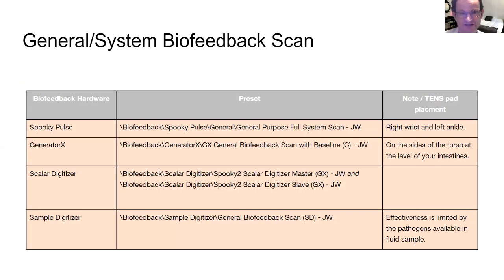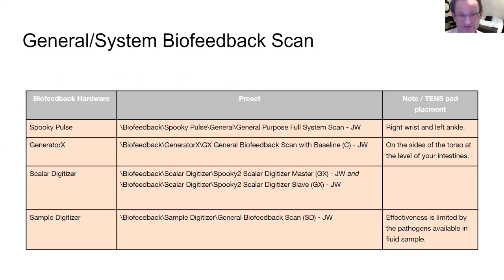What is interesting is that the biofeedback sets and the biofeedback methods in the software are not actually in the cancer folder. It's in the normal part of the software which deals with biofeedback.